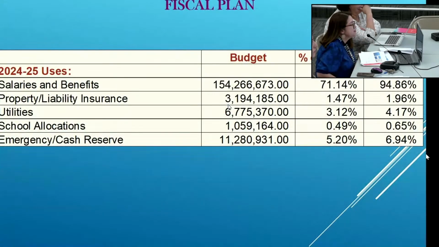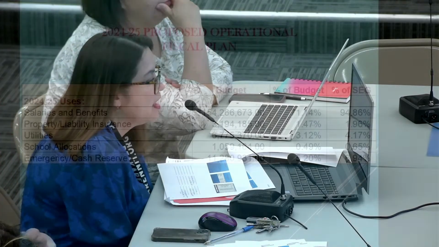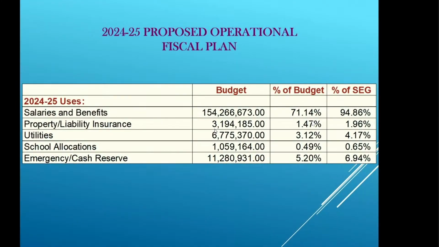And so when it comes to how we are going to expend the budget, we categorize this into different options. So this is your entire budget. So we saw the revenue side of it. Now we're looking at the expenditure. So for expenditures, we have salaries and benefits, which are $154.2 million, which is approximately 94.86% of our SEG.